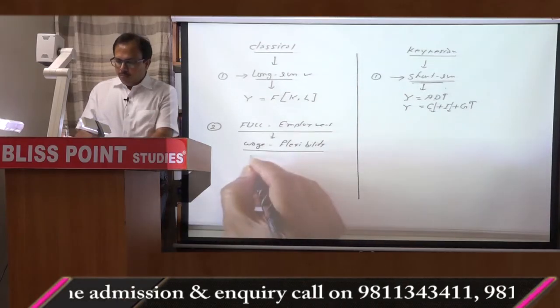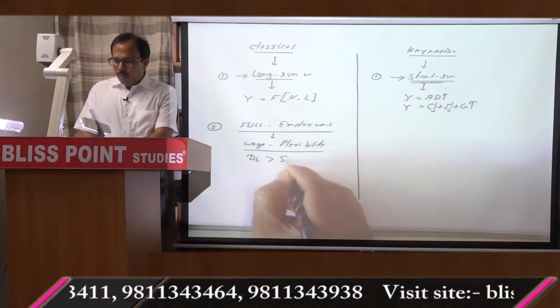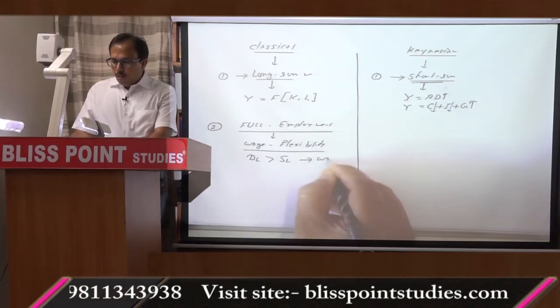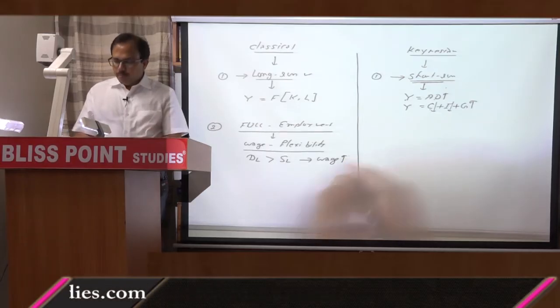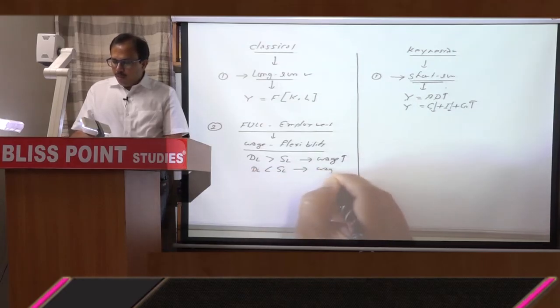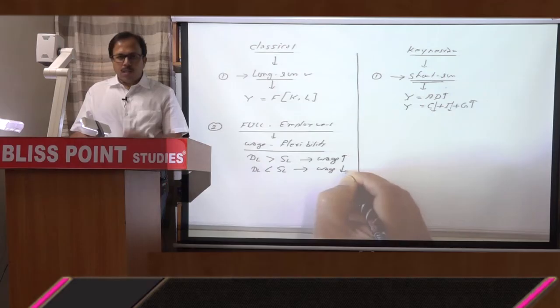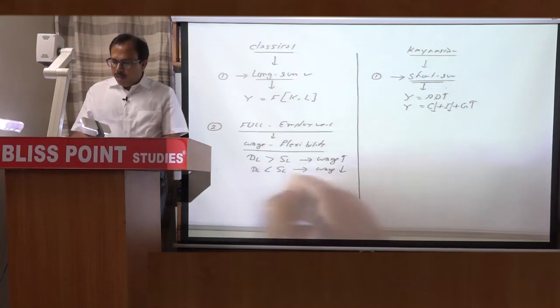It means if demand for labor is more than supply of labor, then wage will increase immediately. If supply of labor is more and demand for labor is less, then wage will decrease immediately. So that wage change will bring equality between labor demand and labor supply.